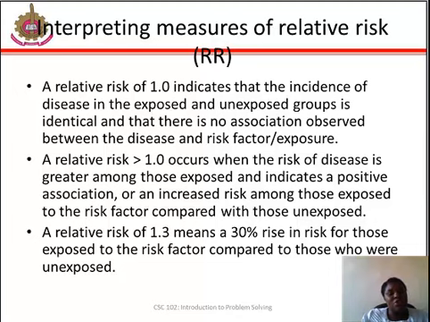How to interpret measures of relative risk. A relative risk of 1.0 indicates that the incidence of that disease in the exposed and unexposed group is identical and that there is no association between the disease and the risk factor or exposure.